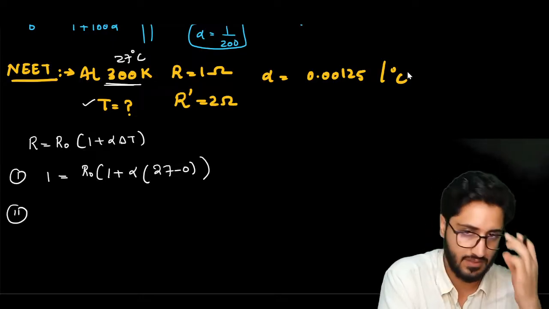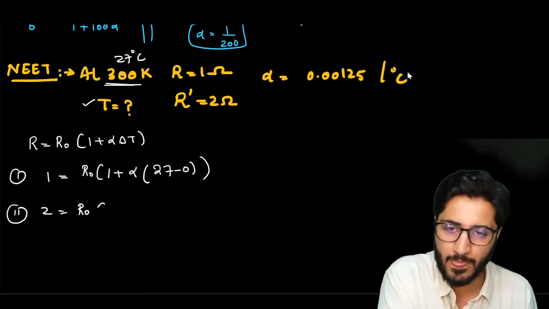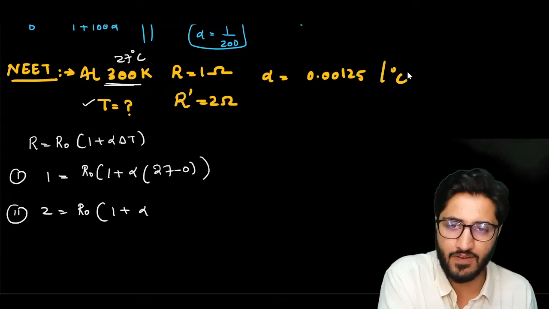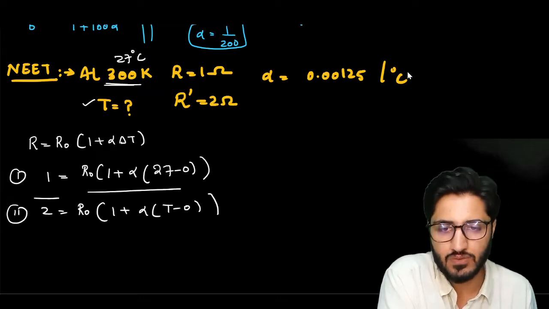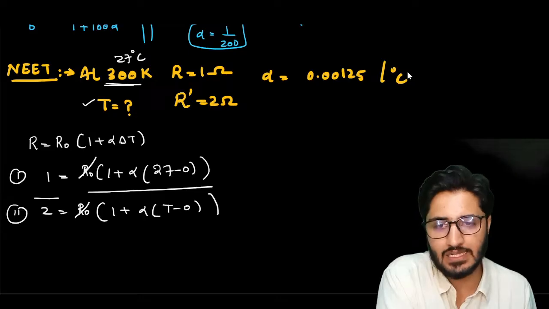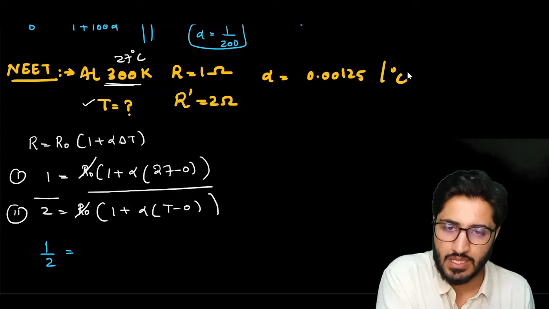For the second one, I can write 2. R naught is R naught, 1 plus alpha, alpha is alpha. Temperature we don't know. Just divide it now. R naught cancels out. So my equation came out to be 1 by 2 equals 1 plus 27 alpha divided by 1 plus T alpha.